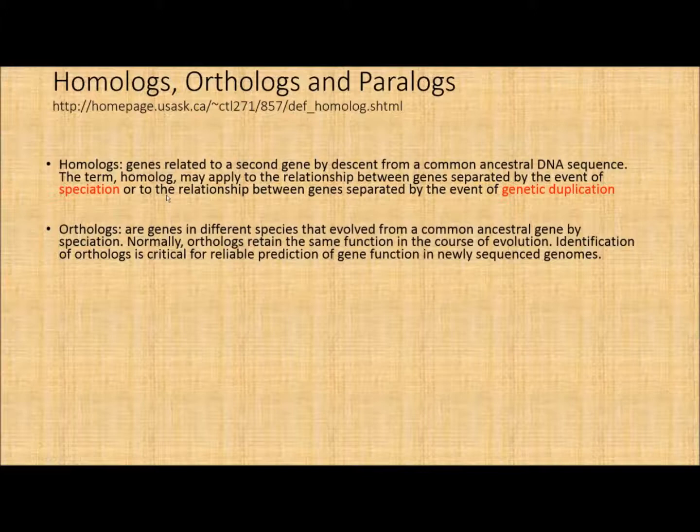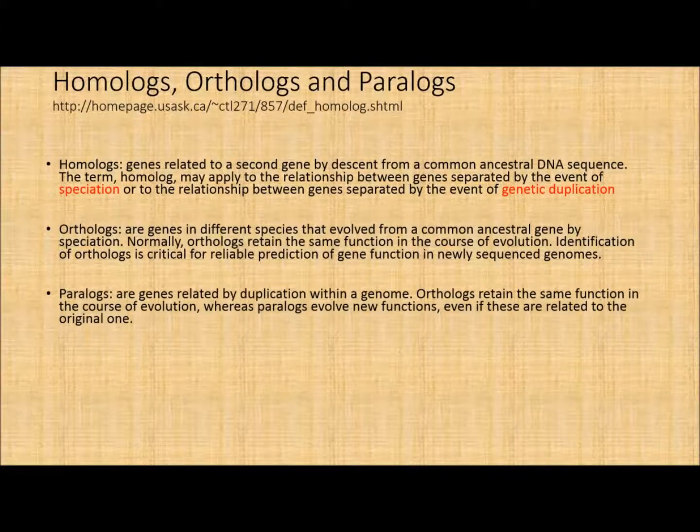Let's look at orthologs. Orthologs are genes which are in different species but evolved from a common ancestral gene. So you see that speciation gives rise to orthologs. There is a picture in this slide at the end which will explain this in greater detail. Well, what is a paralog? A paralog is a gene related by duplication within a genome, which means these are two sequences which have some similarity.